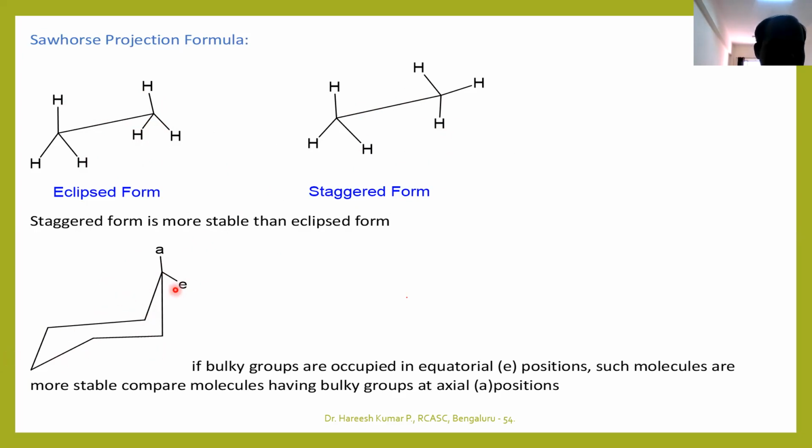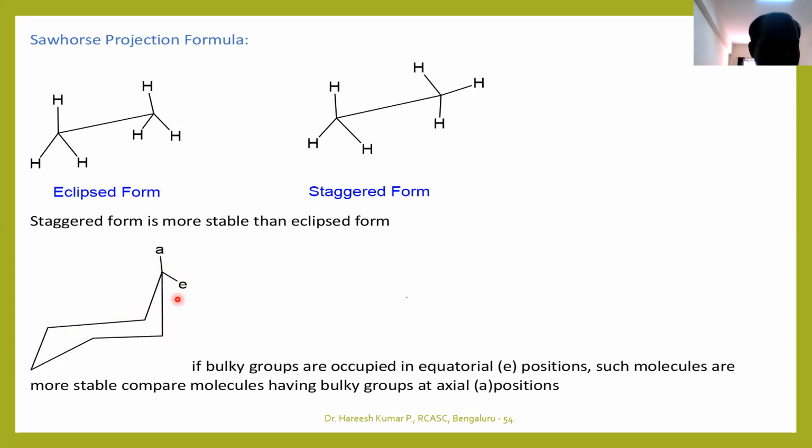And this is one more moiety I'm taking. It's called the chair form of cyclohexane. And here what I'm showing, this position is called the axial position, and this position is called the equatorial position. I think you are aware that if bulky groups occupy the equatorial position, such conformations or compounds are stable compared to the bulky groups present in the axial position.